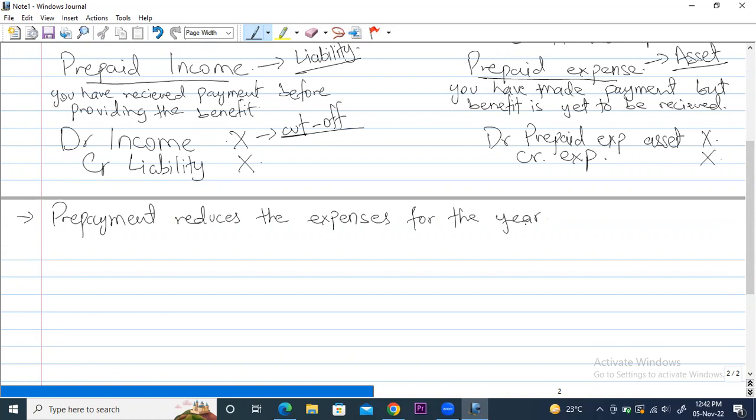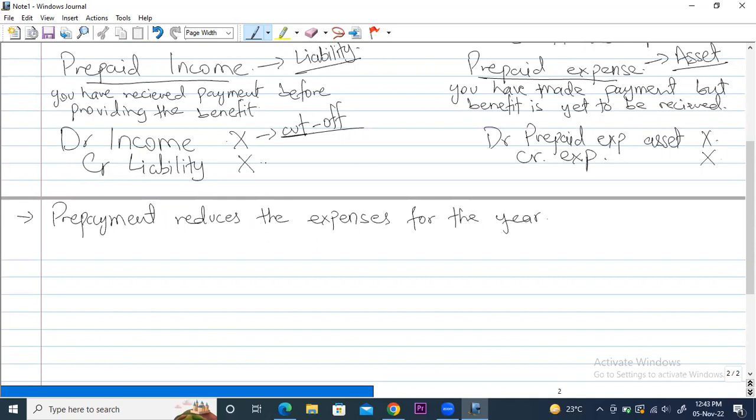Now, what is the logic of writing this? Why am I saying that it reduces the expense? Because we have just studied in the book as well that if the expense is not relating to this year, why are we even recording it? The accrual concept also says that we only record the expense or income in the period which it relates to. We cannot do it like this, taking 4 months of benefit in January to April 2023 but recording that in 2022.